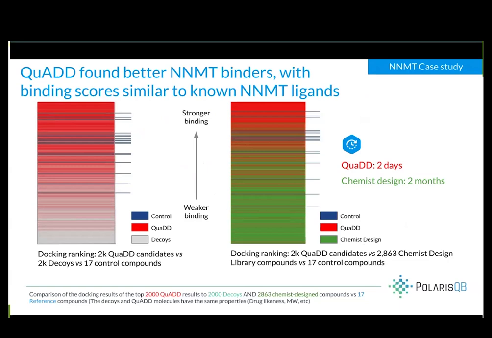As you can see on the left, Quad structures have better affinities than those of both the reference compounds and the decoys. We also compared the scores of structures designed by a computational chemist using current methodology. On the right, we see the same result. Quad structures exhibit better affinities versus those from conventional rational drug design strategies.